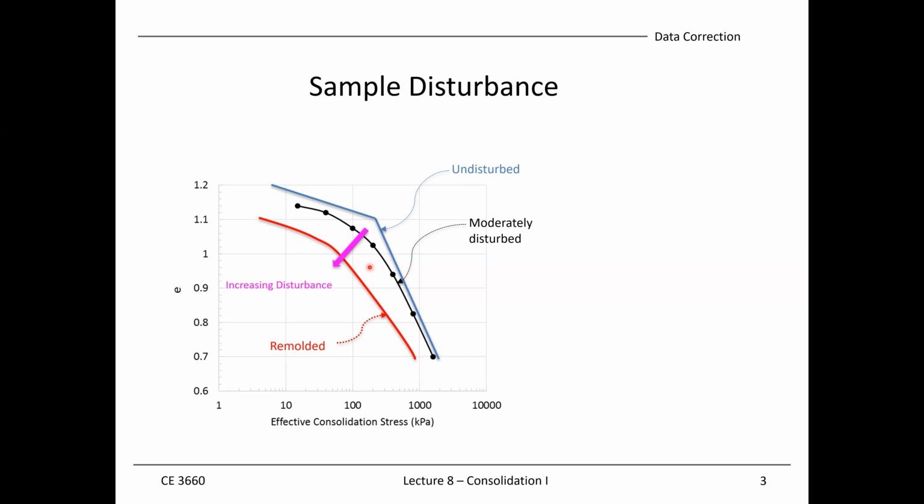So that's why the Casagrande procedure provides us a simple yet effective engineering graphic tool for us to correct the soil disturbance. So we can more effectively estimate the maximum past pressure from our oedometer test data on the e-log p curve.